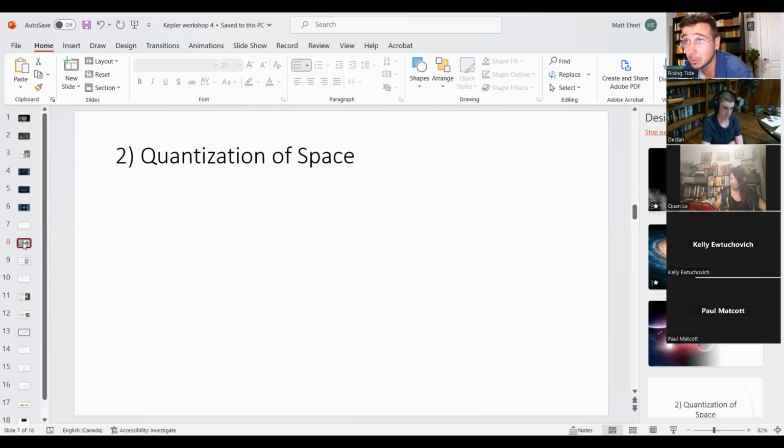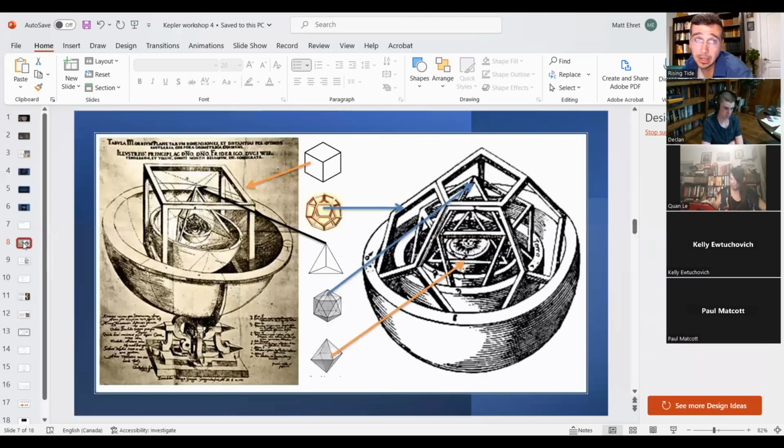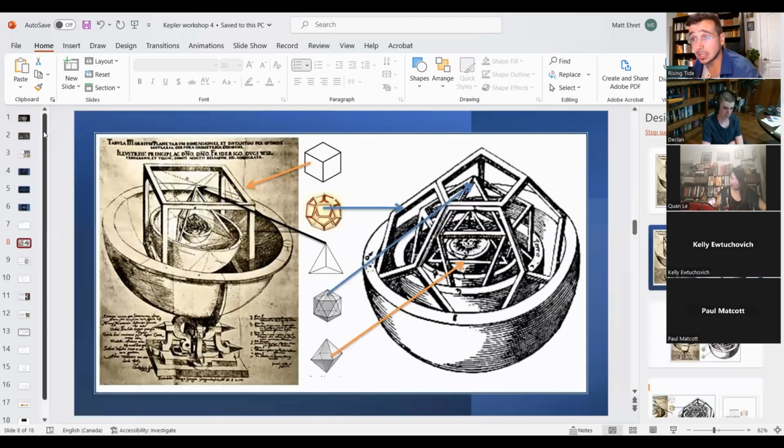Why? He reviewed Timaeus, and he cites in his Mysterium Cosmographicum the influence of Timaeus and Plato.